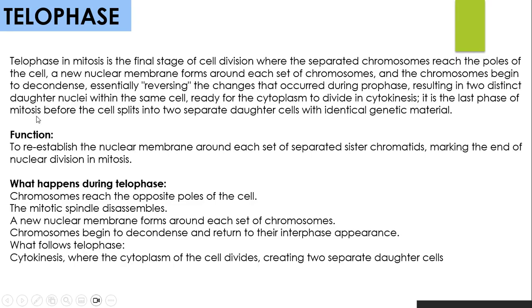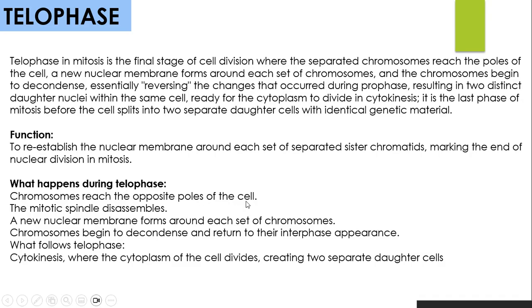It is the last phase of mitosis before the cell splits into two separate daughter cells with identical genetic material. Its function is to re-establish the nuclear membrane around each set of separated sister chromatids, marking the end of nuclear division in mitosis.